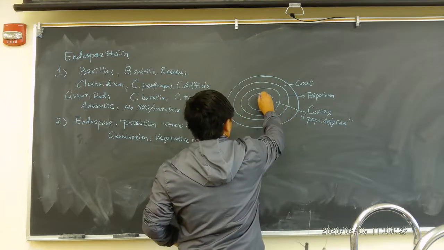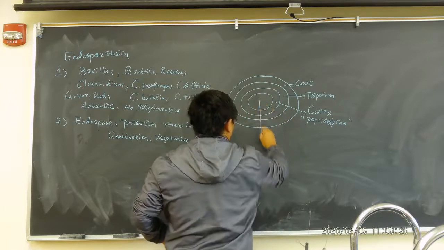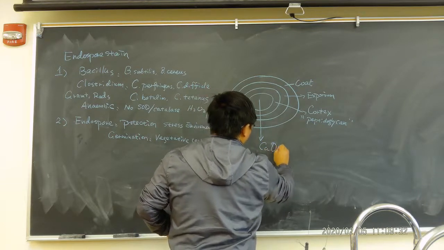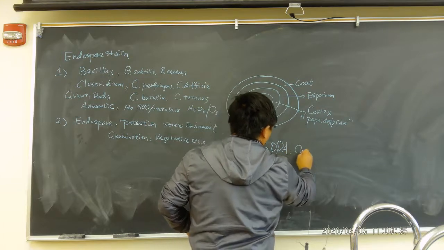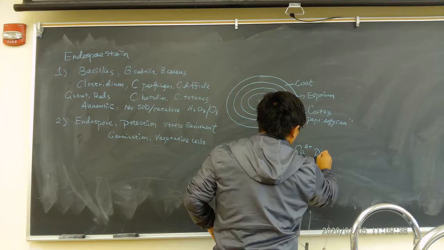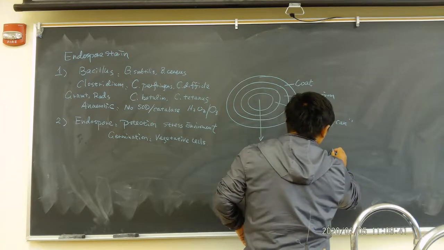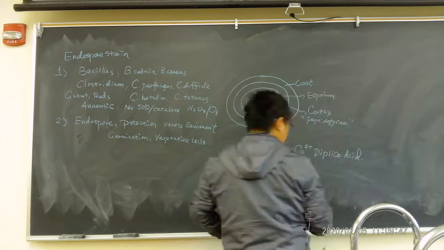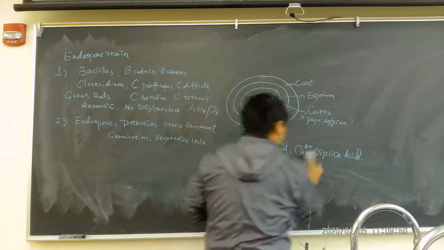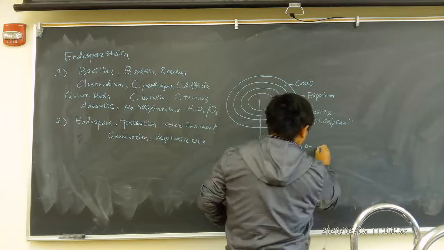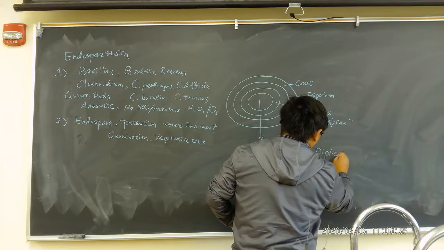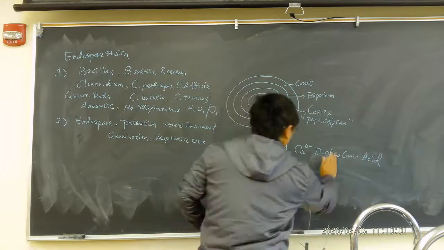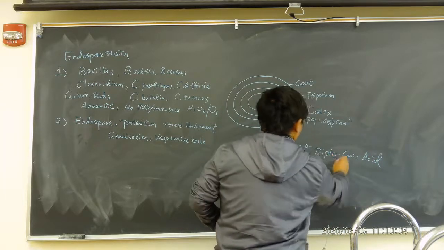The more important part is in the center. In the center, we have two structures. Number one, we call it CaDPA, which is calcium dipicolinic acid.